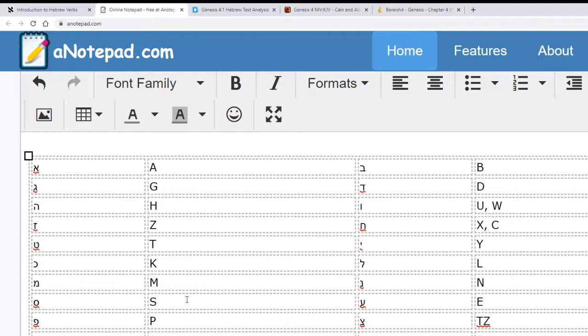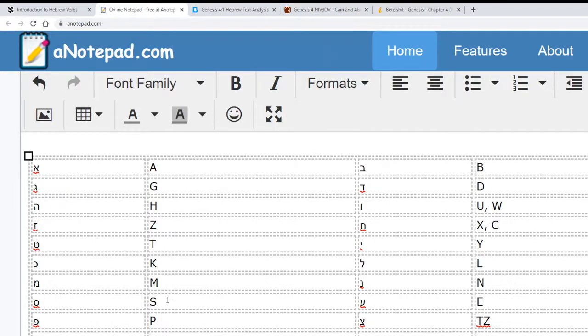If you want to differentiate between them, however you want to do that. Shin and sin are not the same letter. They're written the same in the scroll, there is no difference when it's written in the scroll, but they are said very differently, and so they're treated as different consonants.